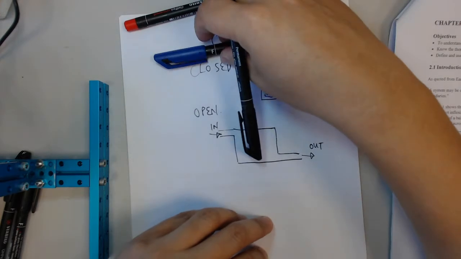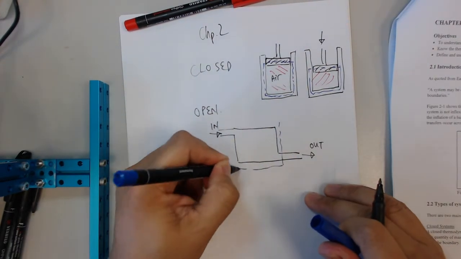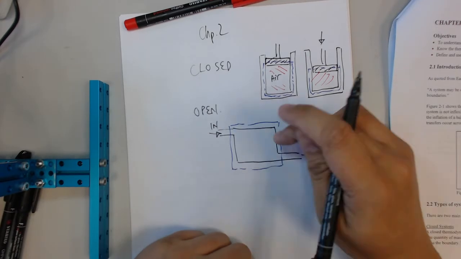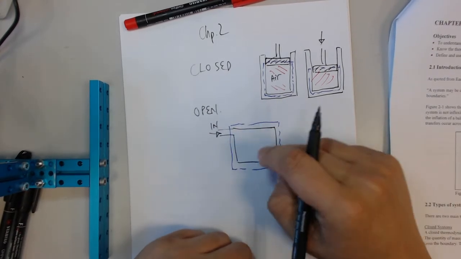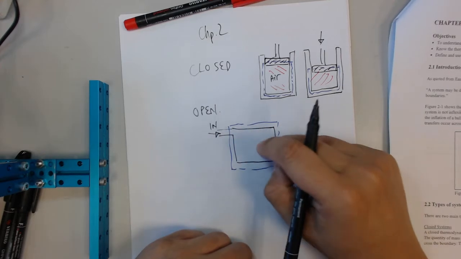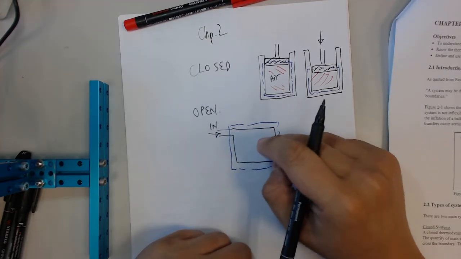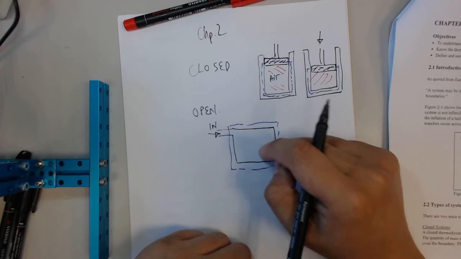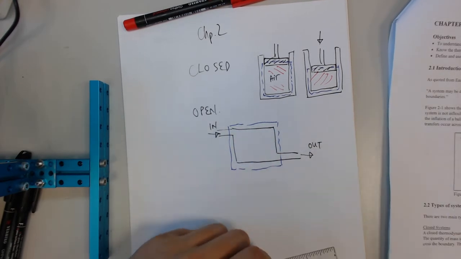And then your boundary will be drawn in this manner. And whatever properties you want to know will be the properties of the incoming and outgoing fluid. And within this system, something will happen. Either it will gain heat, or it will do work, or things like that. And that is what chapter 3 will be about.